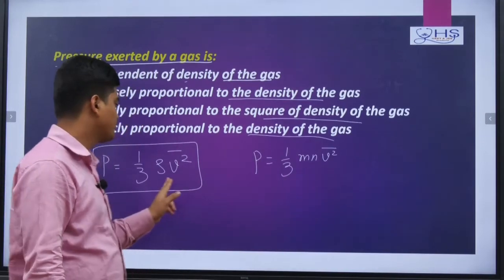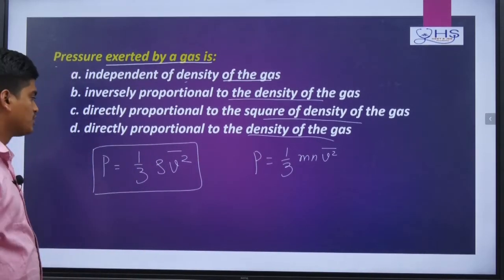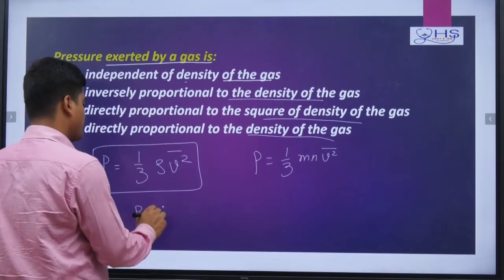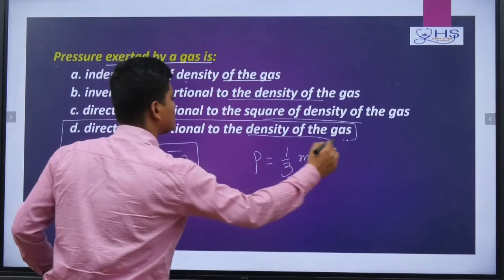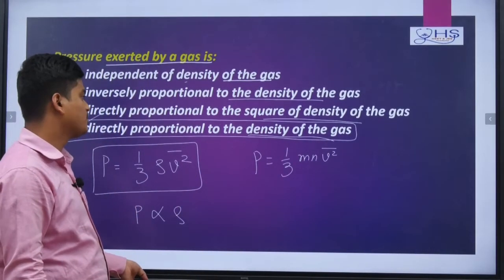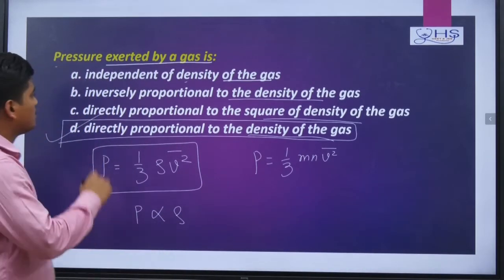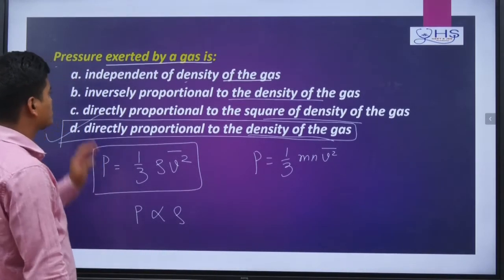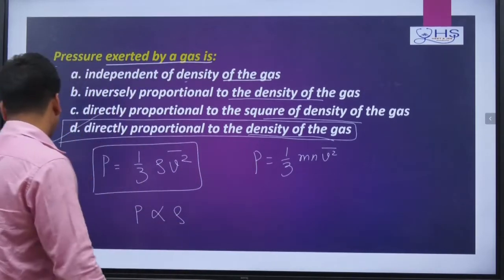Mass by volume is density rho. That means pressure is directly proportional to rho. So your answer will be option D, directly proportional to the density of the gas. If you know the pressure formula from the kinetic theory, then you can easily solve this.